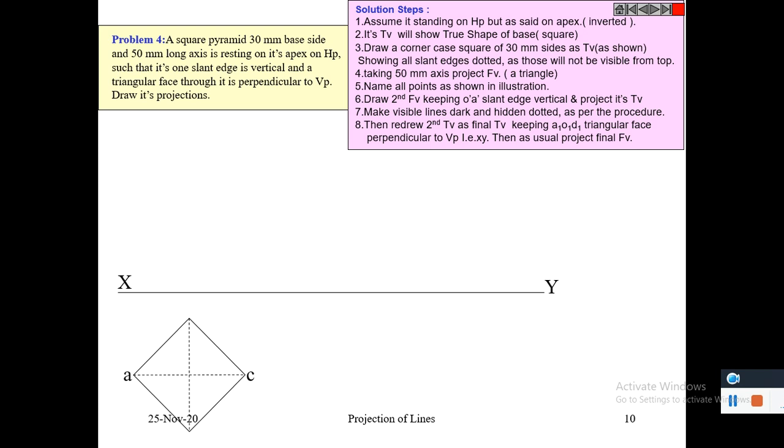It is said that it is resting on its apex. So its front view is drawn in such a way that on tilting we get it resting on its apex. This is the front view and top view of the square pyramid resting on its apex.